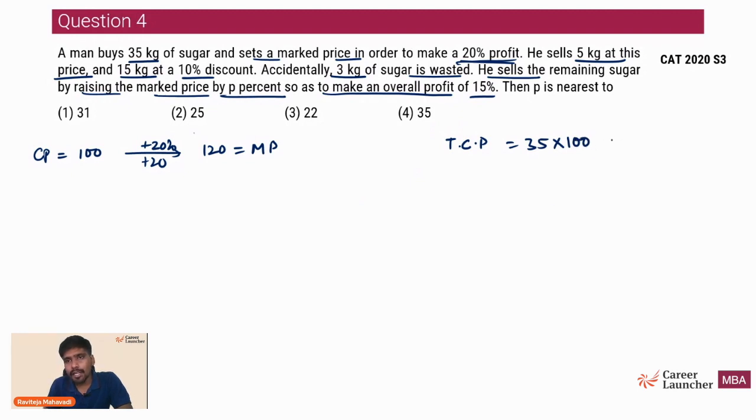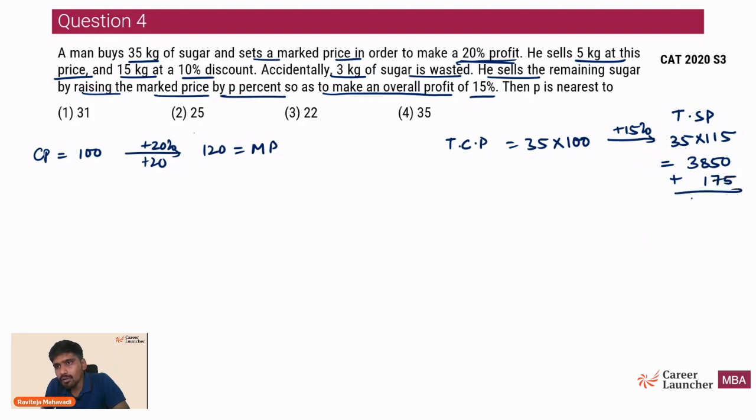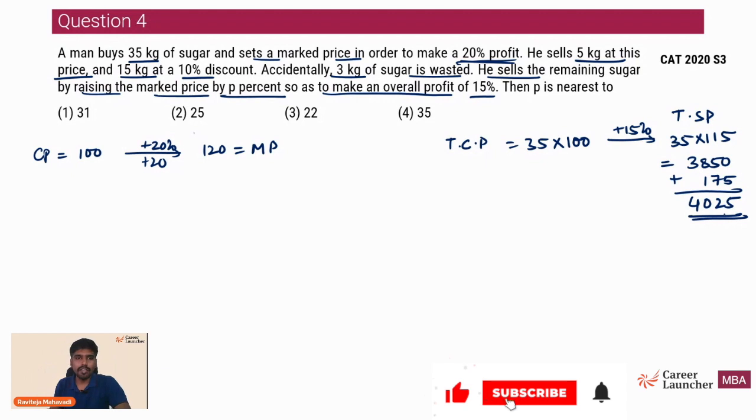If he wants to make a 15% profit, that means the total selling price has to be 35 into 115, which is 3850 plus 175, which is 4025. So the total selling price should be 4025.